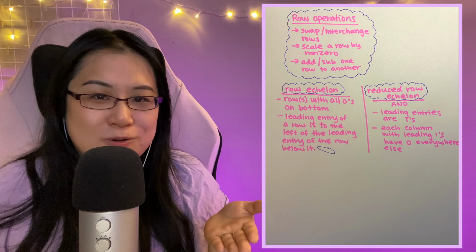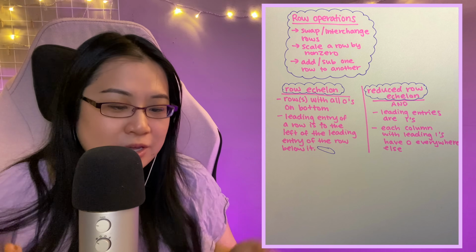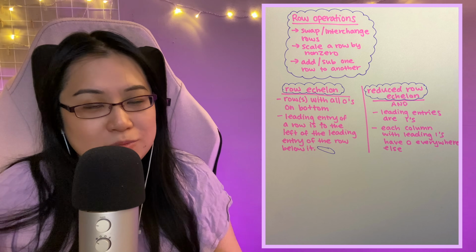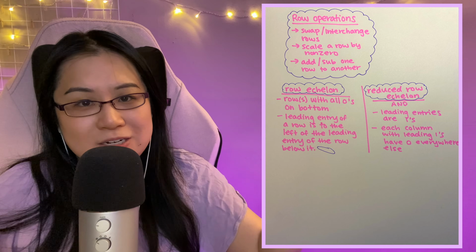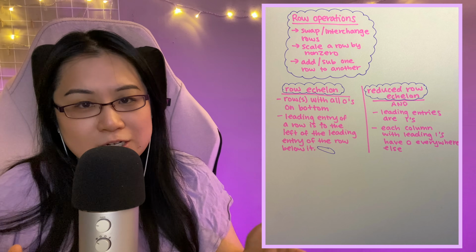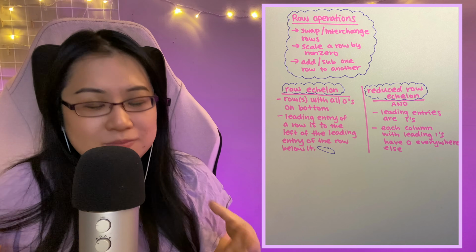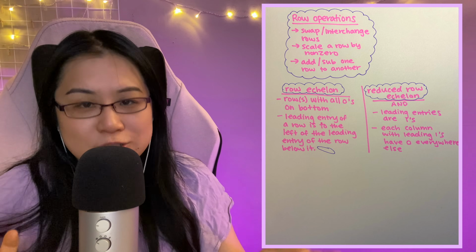But you just want to go along this diagonal, basically. So as long as you have all zeros on the bottom and you have this staircase downward diagonal going on, then you have row echelon form.